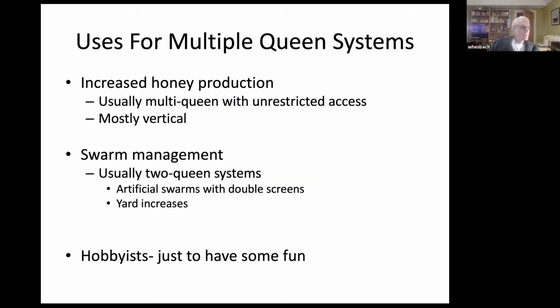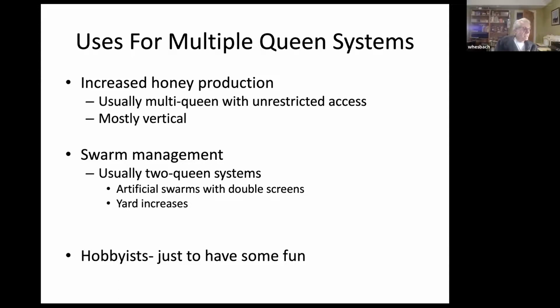All right, so let's talk about uses for multiple queen systems. And I mentioned that one already. Honey production, when multiple queens have unrestricted access, you can get lots of honey produced. They've historically been vertical.